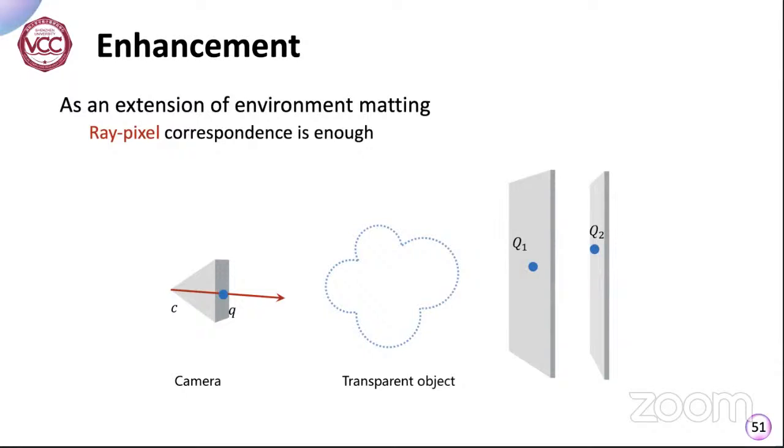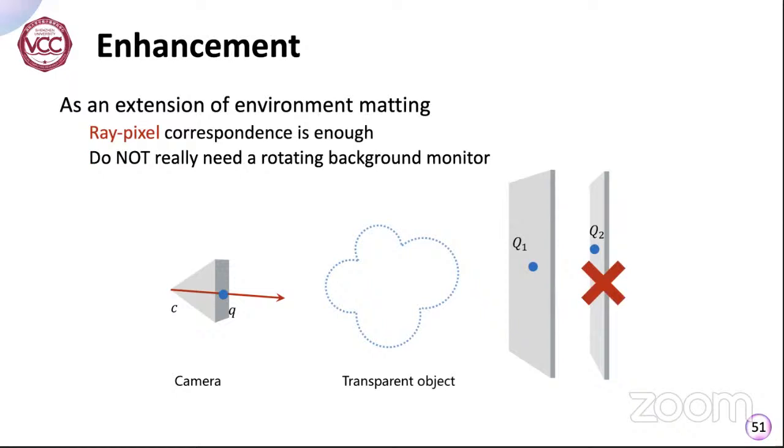So along with our exploration, we also found out that this correspondence is somewhat redundant. We do not really need a rotating background monitor to capture this ray correspondence. Why? Because the environment mapping tells us how a transparent foreground object distorts its background, right?